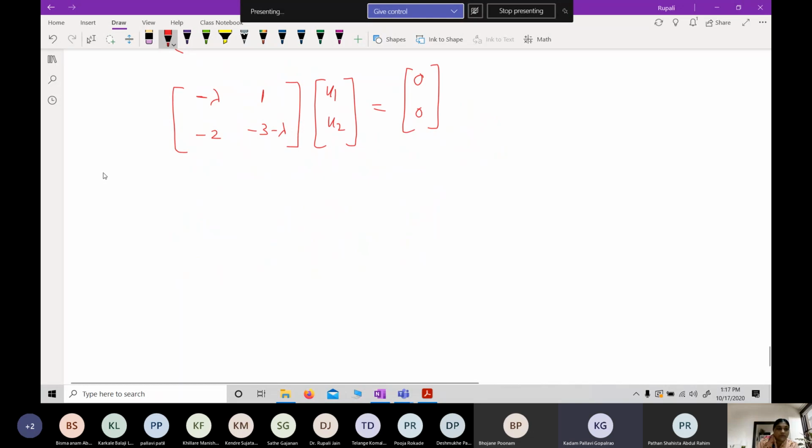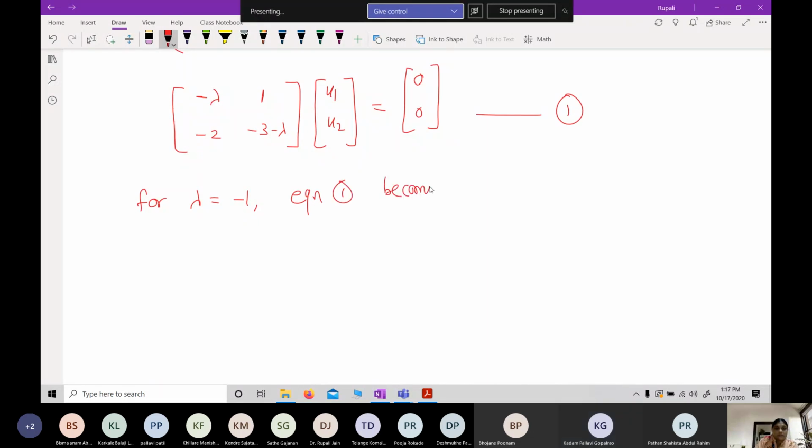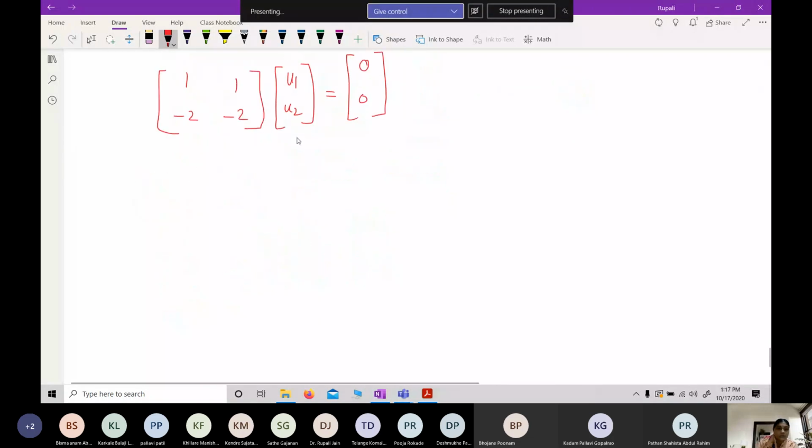So for lambda is equal to -1, equation 1 becomes 1, 1, minus 2, minus 2, times u1, u2 equals 0, 0. Just solve this now.